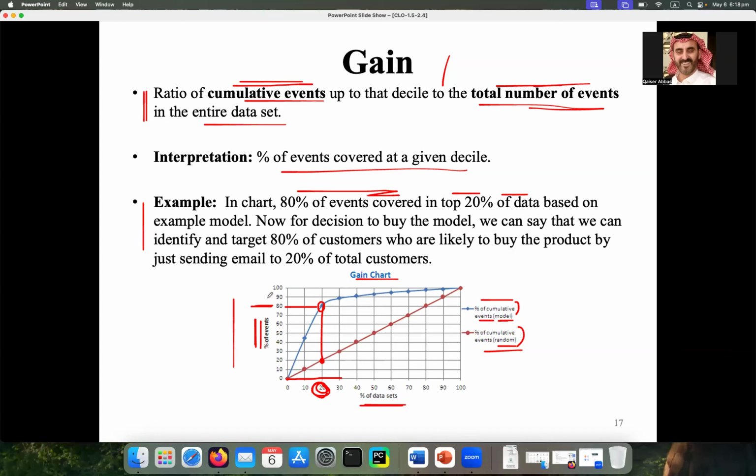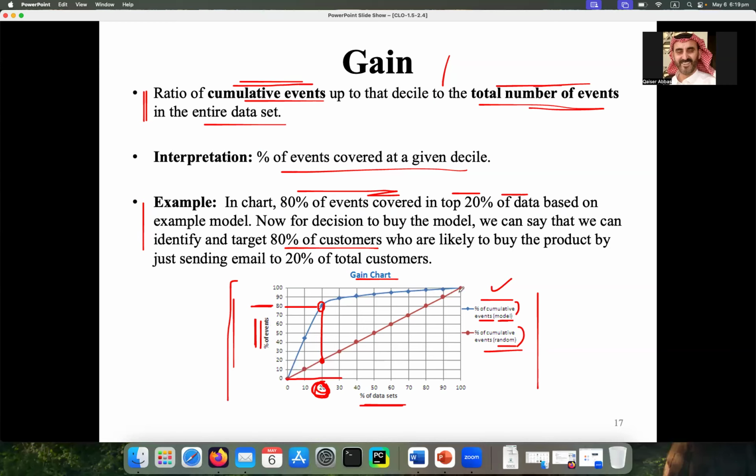This model is giving you the option that if you cover only 20% of data, it will cover almost 80% of customers who want to buy some product. This is a good thing that you can adopt, and this is also a point that we should go for this model.